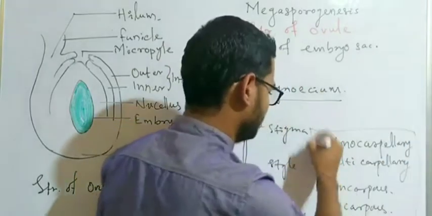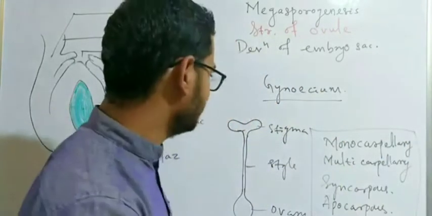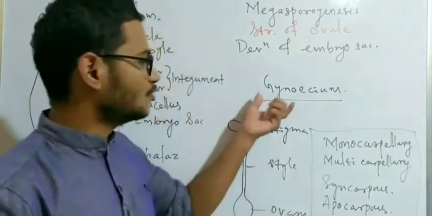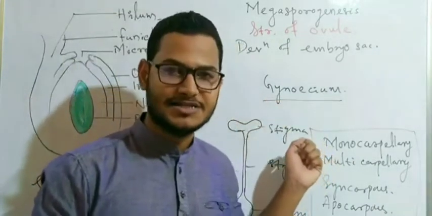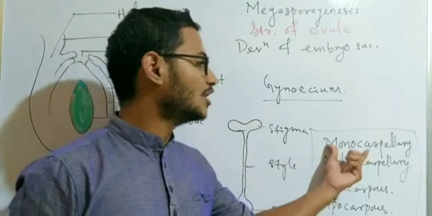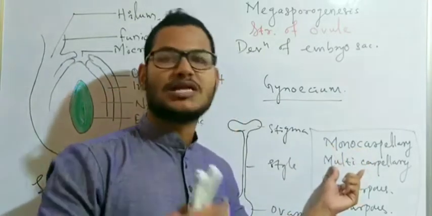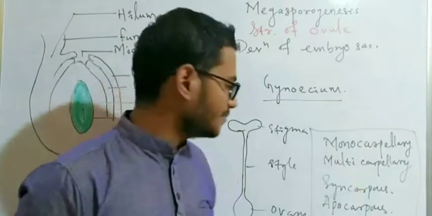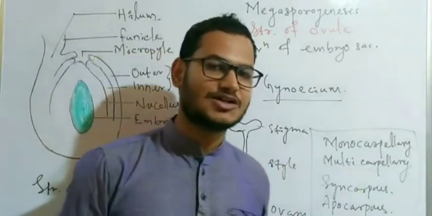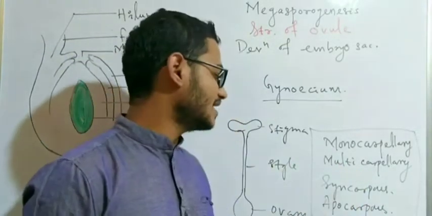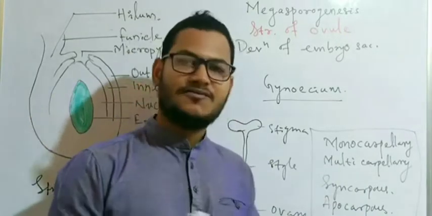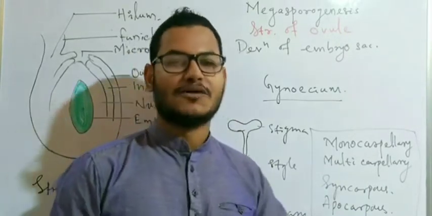So we know these important terms: the pistil, which makes the gynoecium; monocarpellary, when the pistil is single; multicarpellary, when more than one pistil is present; syncarpous, when fused together into a single structure; and apocarpous, when free.